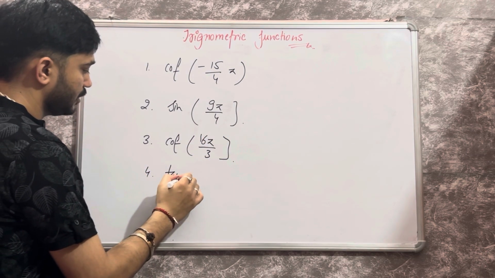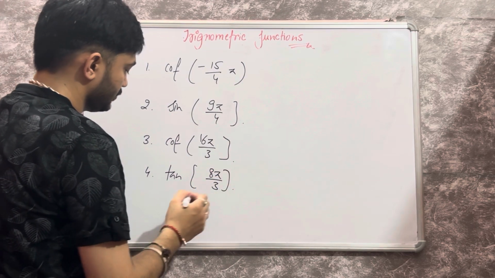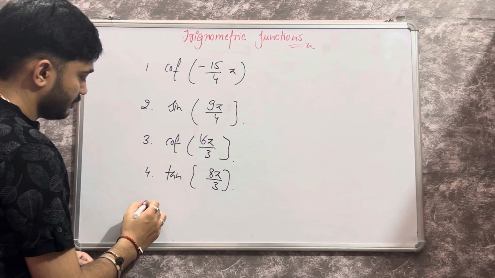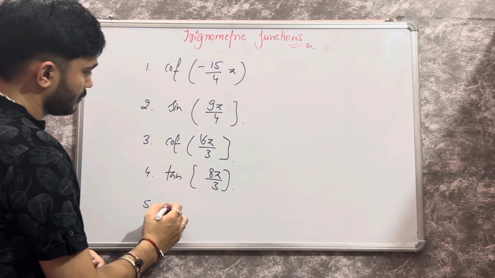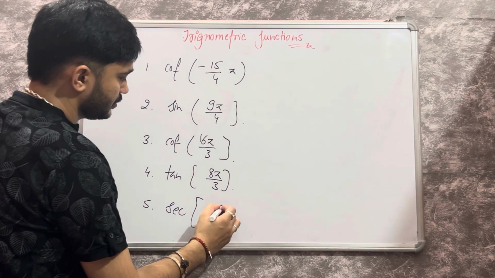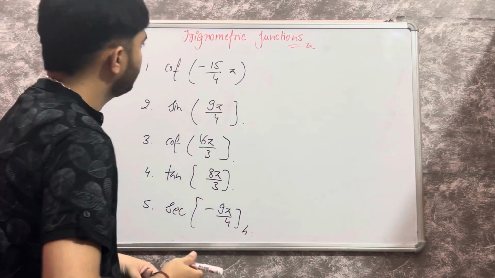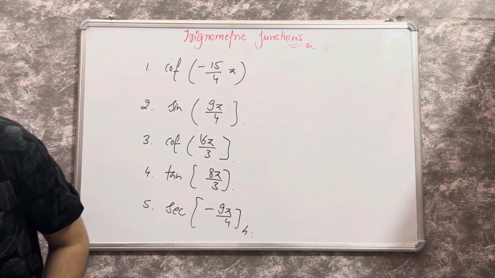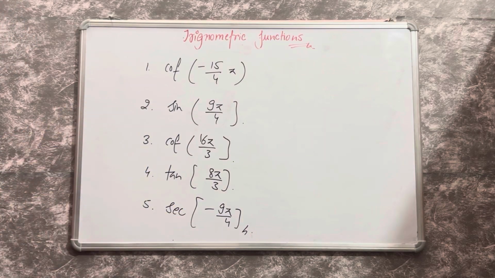Fourth, tan 8 pi by 3. And fifth is sec minus 9 pi by 4. This is your homework. We are going to do some application based questions of this type now.